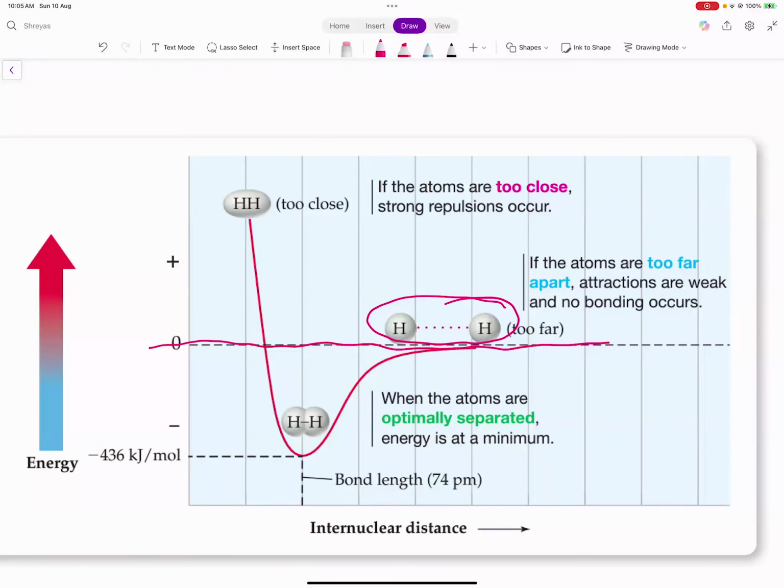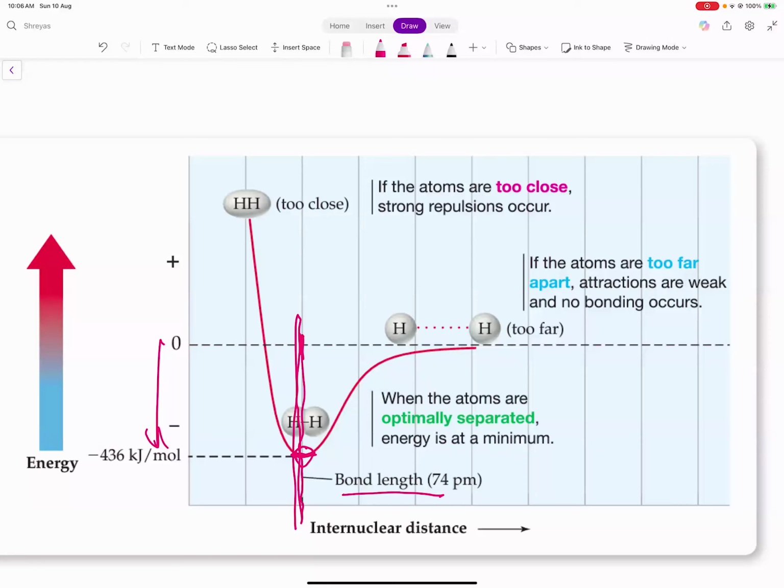As they start to come together, attractive forces begin to develop, so energy is getting released and they are becoming more stable, so energy is going down. After some time there occurs an energy minima, and the distance which corresponds to this energy minima is called the bond length.